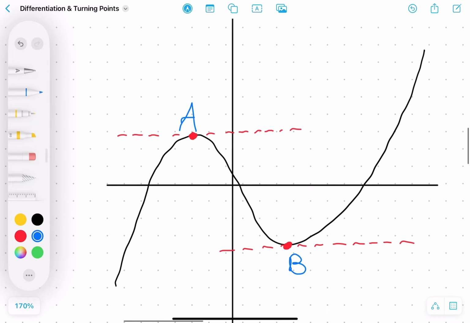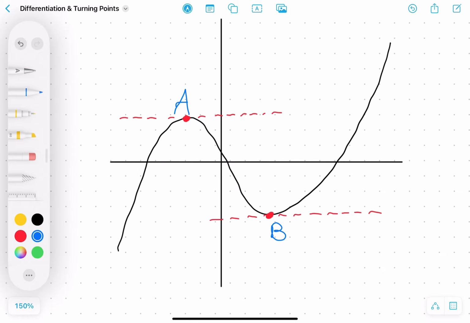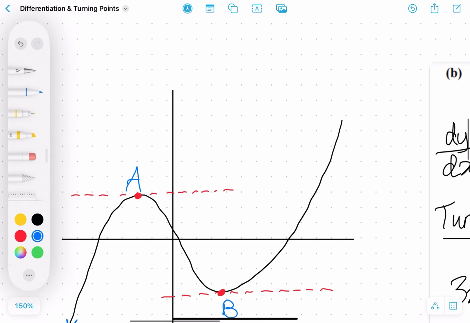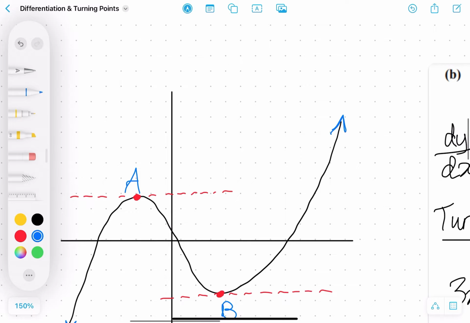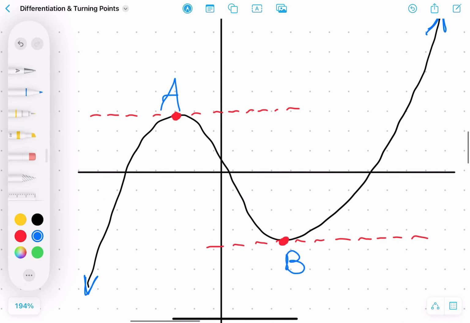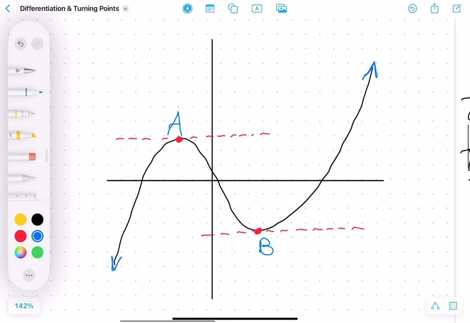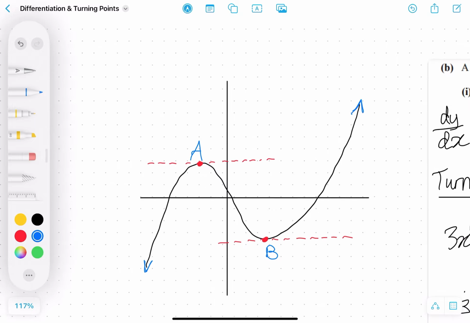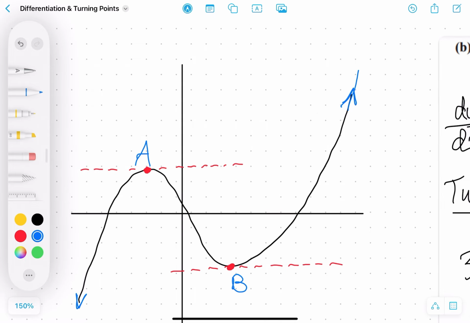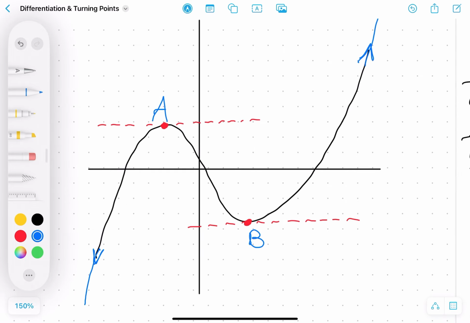And for the sake of IGCSE, we don't have to worry about these two here going off to infinity and negative infinity, which is why A is a maximum, the local maximum it's called. And so it may not seem like it's the maximum since this graph extends upwards infinitely, and so does it here downwards, which is why we refer to it as the local maximum.